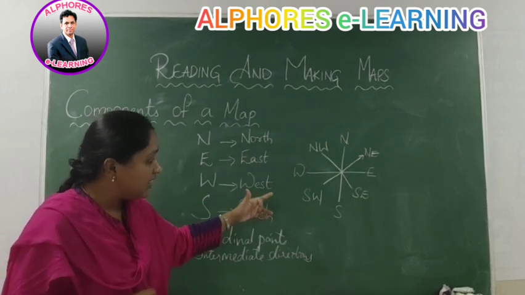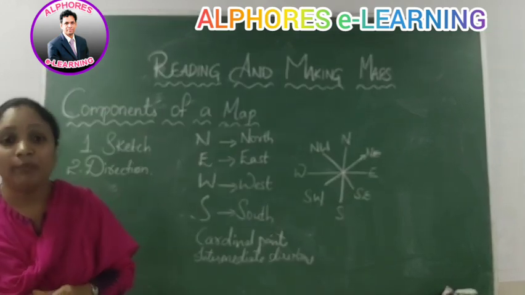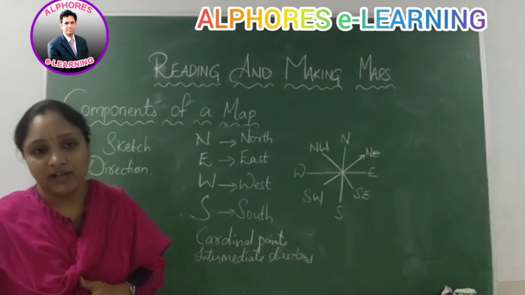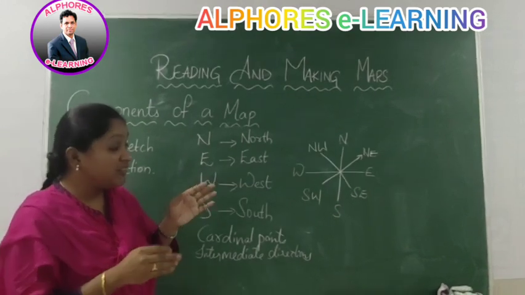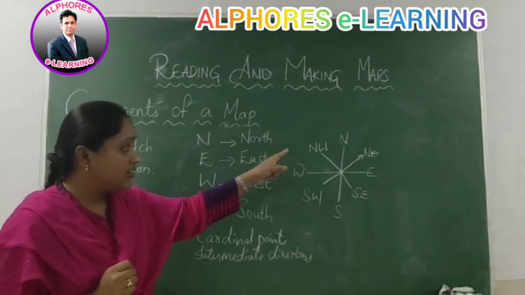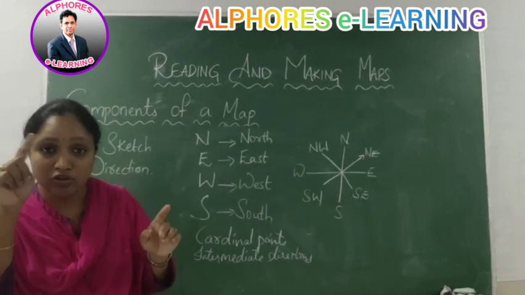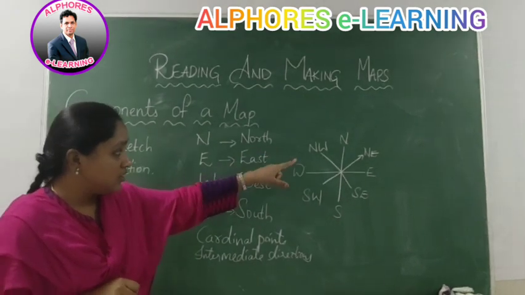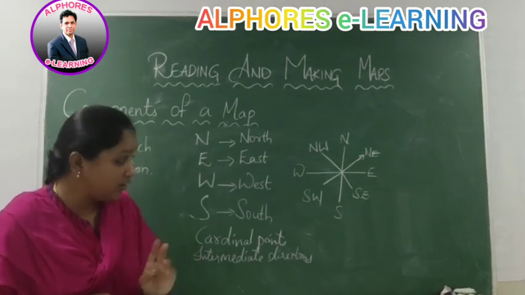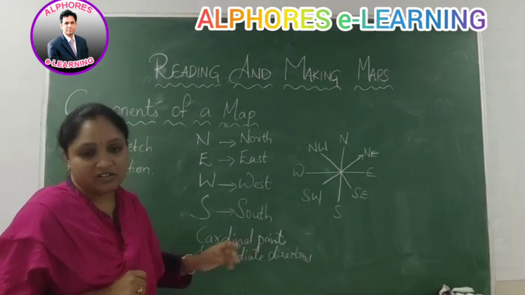So these are the main directions which help us to make the maps as well as to read the maps. Getting an accurate result on the map is very easy if we follow these 4 as well as the other 4 directions, which make 8 directions. That is the 4 cardinal points and the other 4 intermediate directions.